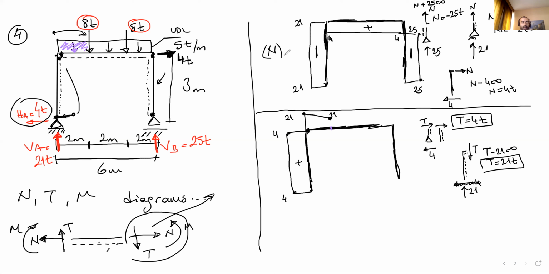And here we have a concentrated load, which is 8, and it goes down. Remember, if there is a concentrated load on the shear force diagram, there is a sudden change. It goes down 8. I'm at 11 and go down.